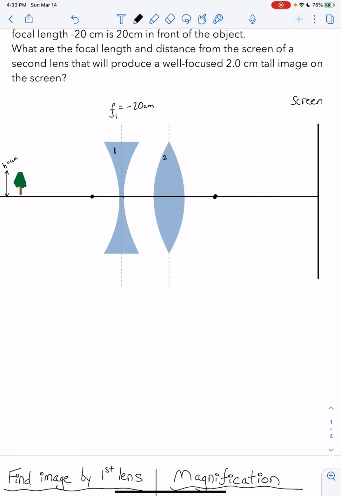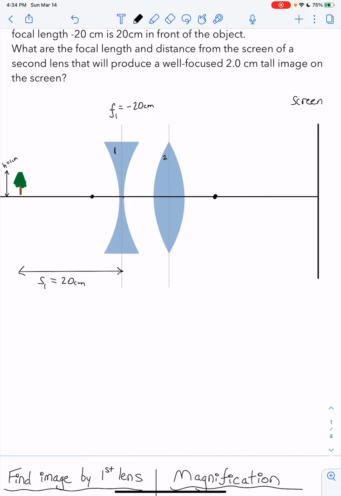Let's make a note of that. That's important. So we have a distance, and that's going to be our S, our distance from the object to the lens, and that's 20 centimeters. And I'm going to label this as 1 because we have more than one lens in this system.